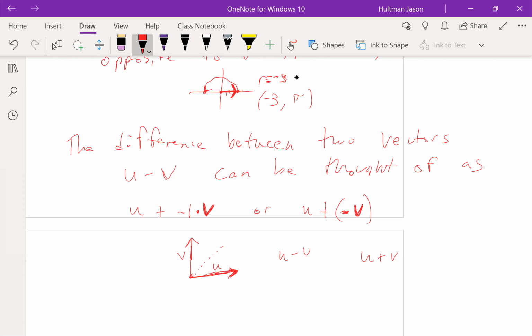Well, we would have to go in the opposite direction as v. So this is minus v, and it'd really be just u plus a negative v. Let me make this go farther.